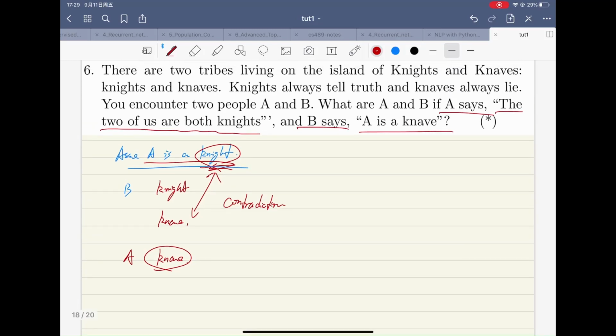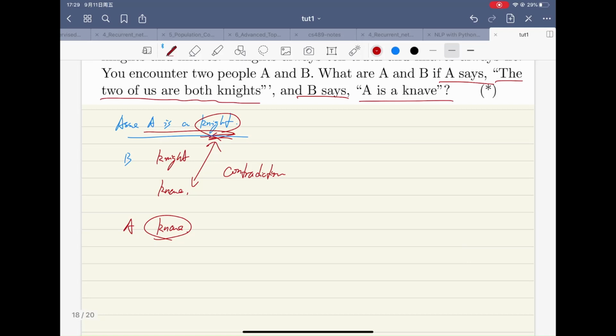Then, because A is a knave, I don't care about what A says, because a knave always lies. So what he says is just a lie, right? So we care about what B says.